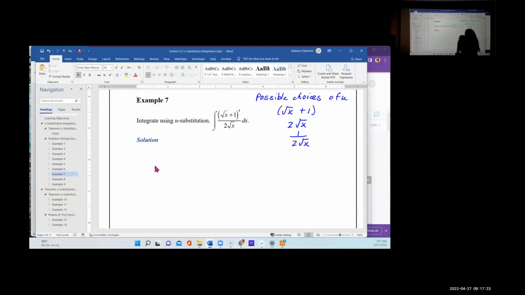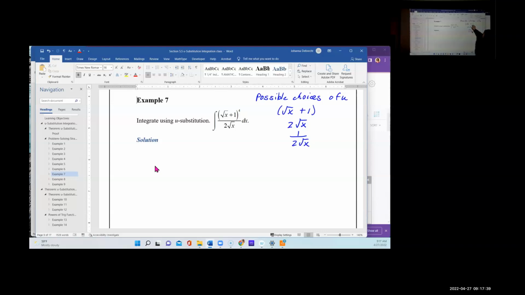All right. So when you're looking at the possibilities that you have here for u, you want to imagine the derivative of one of these and try to imagine how it would be taken by one of the other ones.